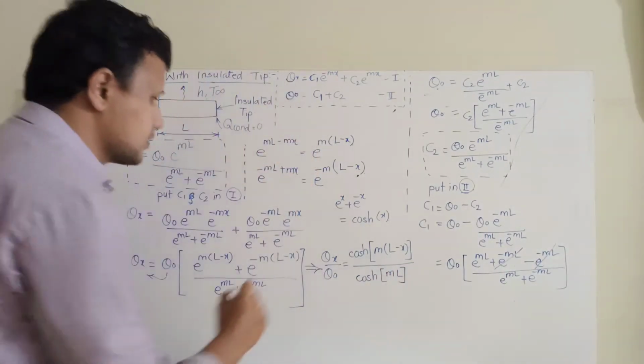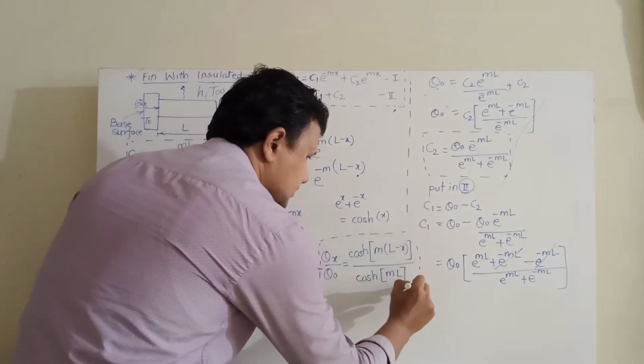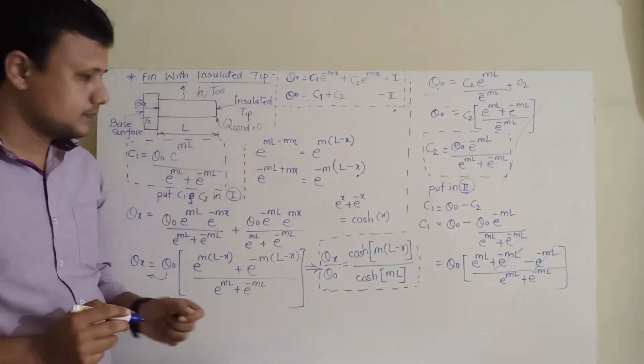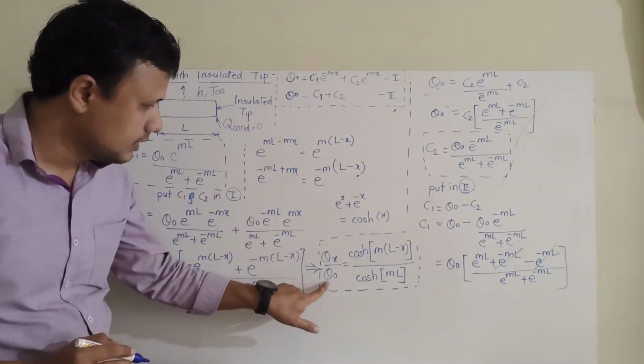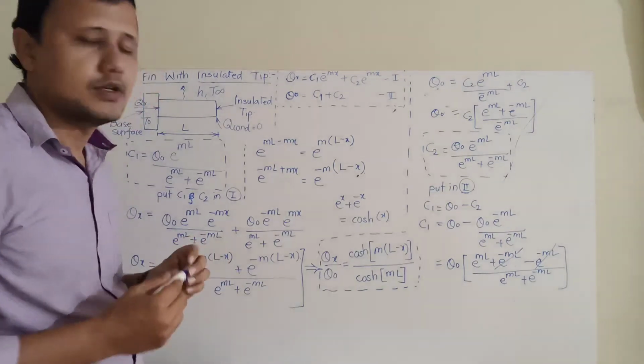And as we know, this is nothing but the temperature distribution for an insulated tip fin. This is T x minus T infinity and this is T0 minus T infinity. I hope this is useful for you.